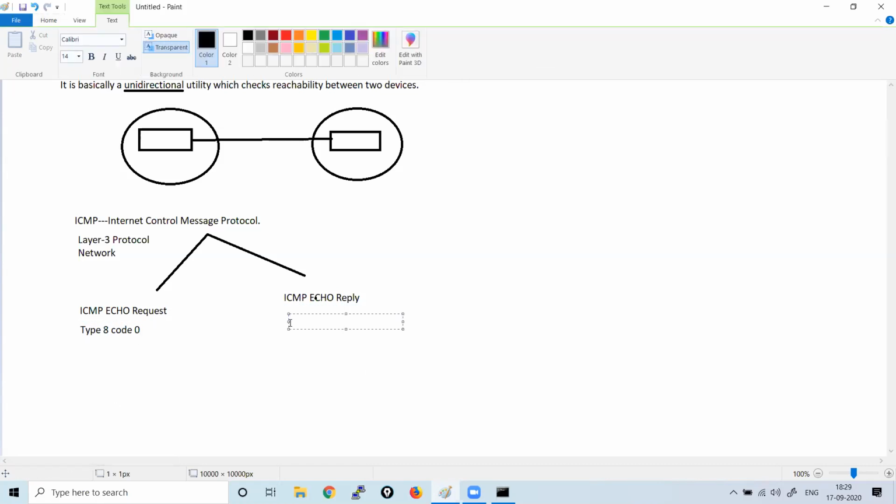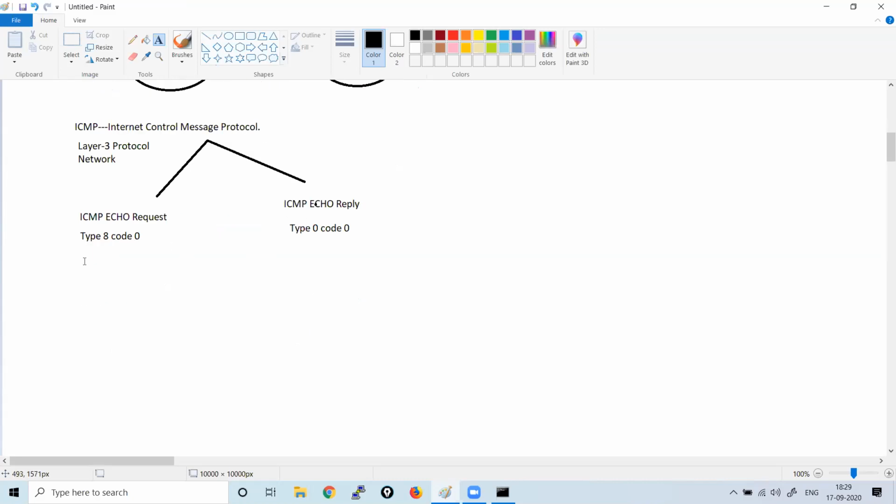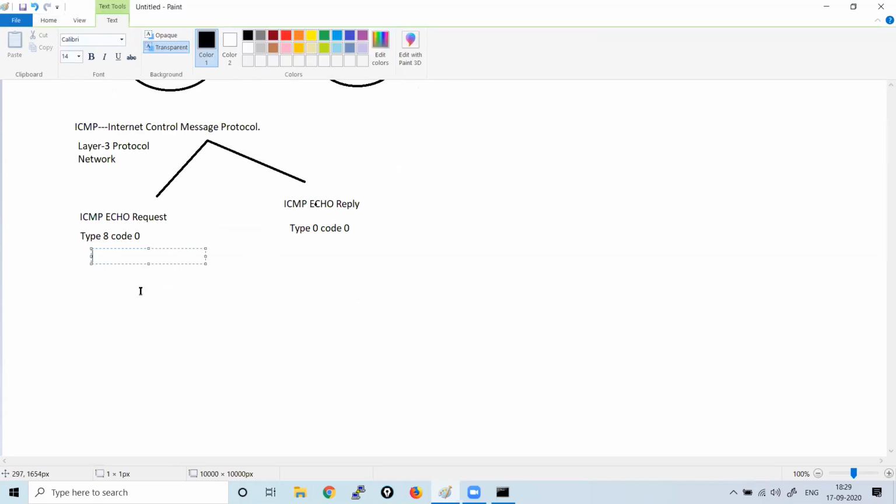For reply it uses type 0 code 0. Now again, this is for human understanding purpose. For machine understanding purpose, it is written something like this, in hexadecimal.